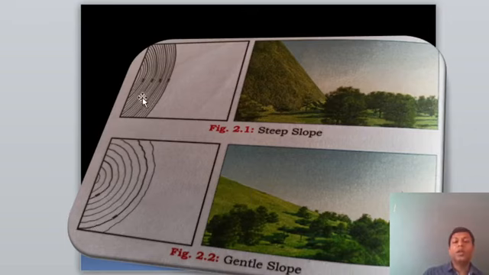A steep slope has contour lines very near to each other. There are very few gaps between two contour lines. That means it shows a steep slope, and the gaps are increased in the second one, that is a gentle slope.